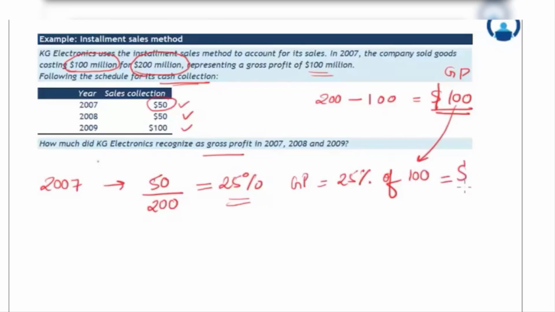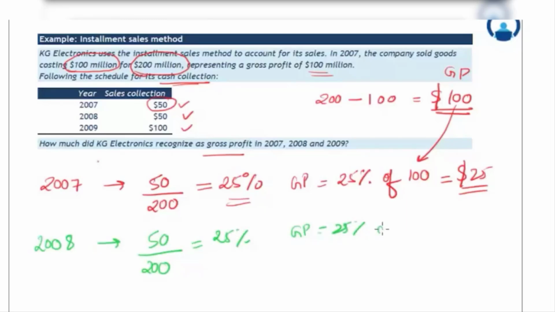So we have $25 million as the gross profit reported for 2007. Let's look at what happens in 2008. Again, in 2008, 50 was collected, which leads to 25%. So gross profit would again be 25% of 100, which is the total gross profit here. So this comes out to be $25 million again.